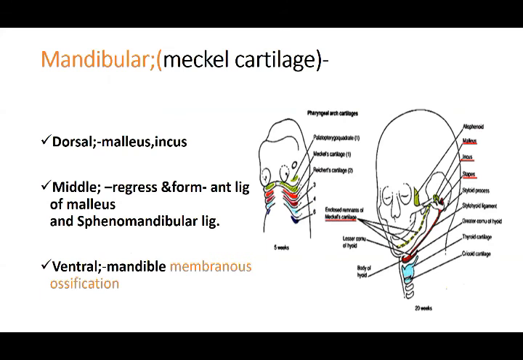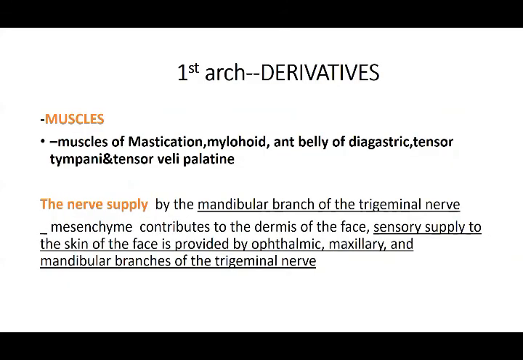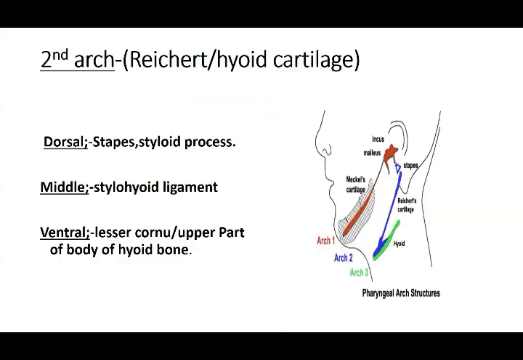The dorsal part forms the 2 ossicles, malleus and incus, the middle forms the ligaments, and the ventral part is just going to be intramembranous cartilage, which finishes off and forms part of the mandible. Muscles, as you can see, and the nerve supply is the trigeminal. Then the second arch forms the stapes at the dorsal end.